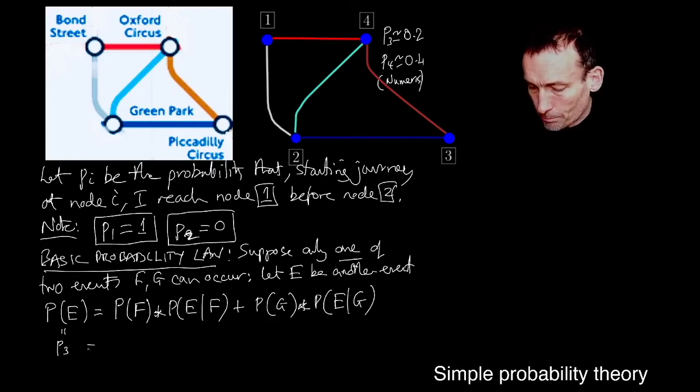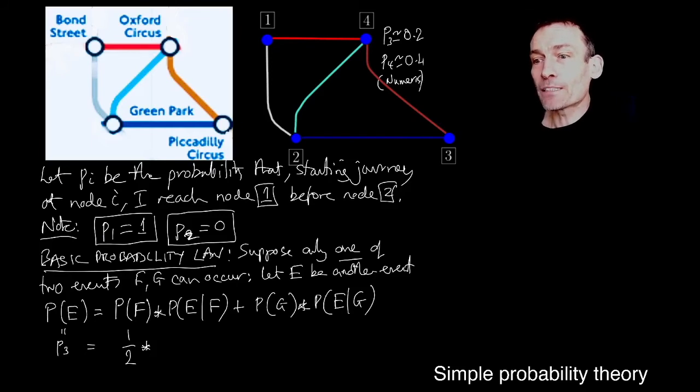So let F be going to, say, Green Park. The probability of going to Green Park is a half. And then I multiply that by the probability of reaching Bond Street before Green Park, given that I'm at Green Park. That would be P2, by definition.